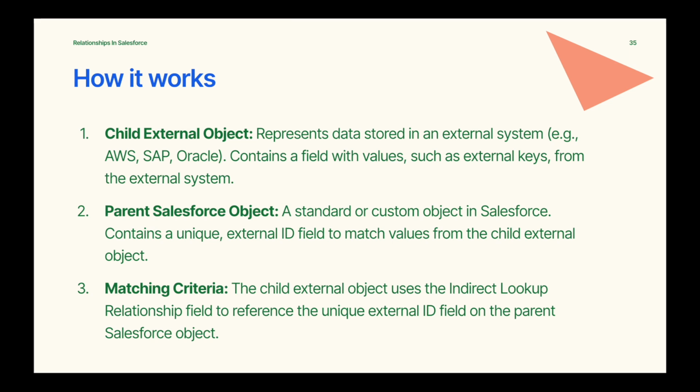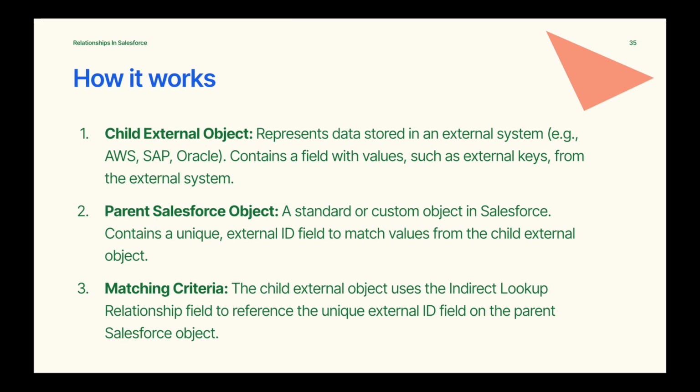So first, the child external object will represent data stored in any external system like AWS, SAP, or Oracle, and contains a field with values such as external keys from the external system. But we consider our Salesforce object as the parent object, which could be a standard or custom object, and it will contain a unique external ID field to match values from the child external object.